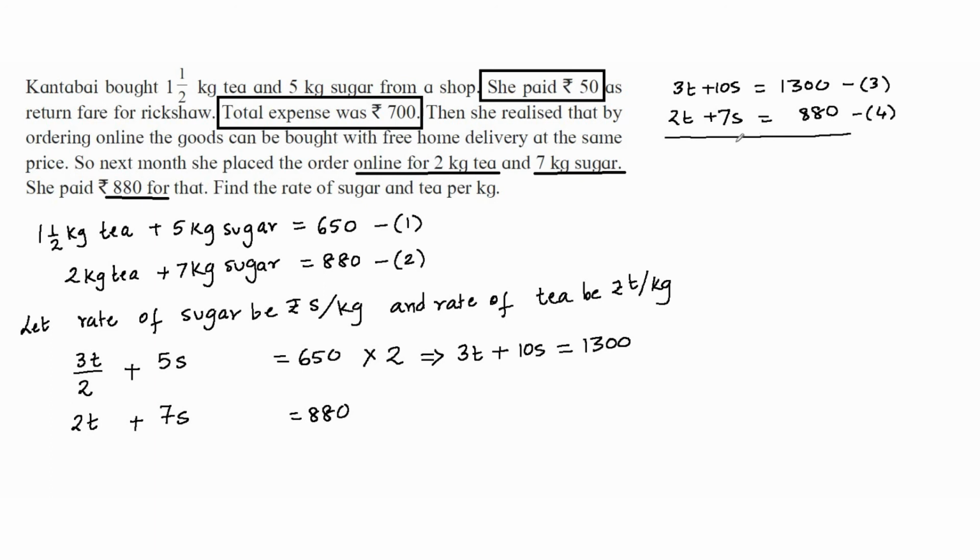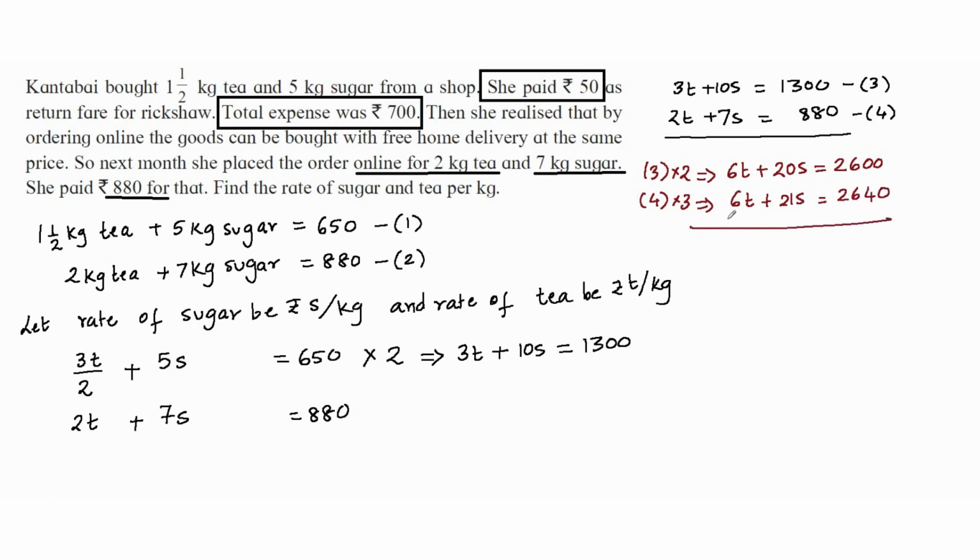So let's eliminate T. Let's multiply the third equation by 2. So you get 6T plus 20S is equal to 1300 into 2, which is 2600. And let's multiply the fourth equation by 3. So you get 6T plus 21S is equal to 880 times 3, which is 2640.